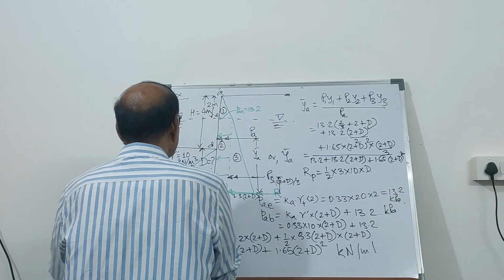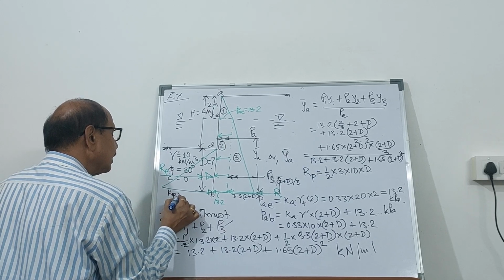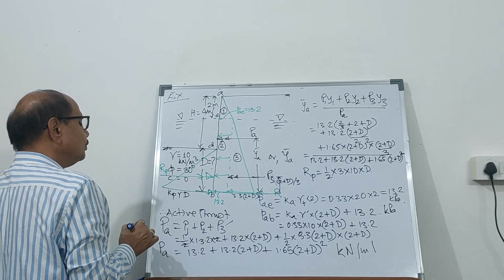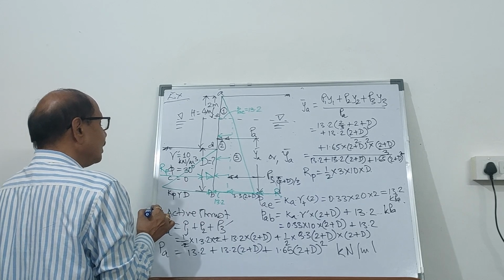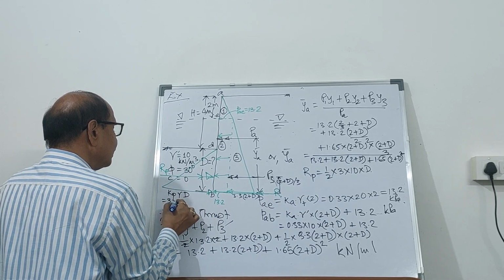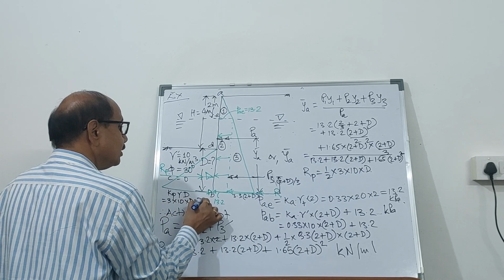So half into base, this will be Kp gamma D. The pressure at the bottom is going to be Kp gamma D, and Kp is 3 into 10 into D equal to 30D.